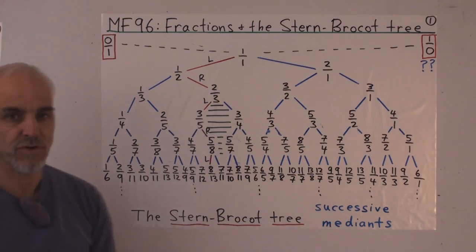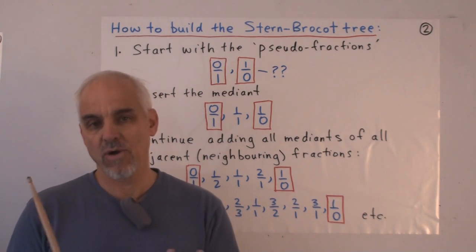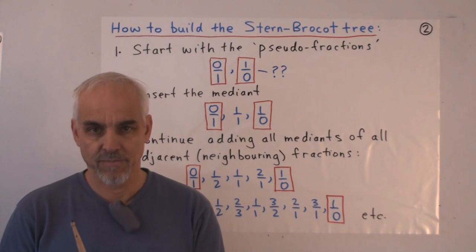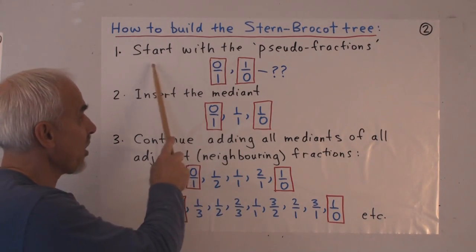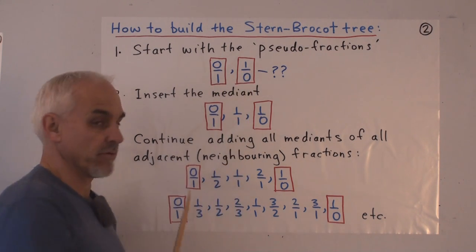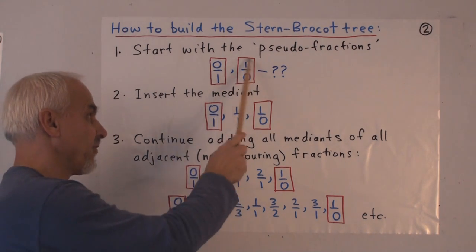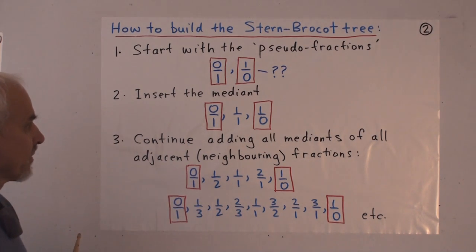Let me now more clearly explain how we build up this Stern-Brocot tree, one layer at a time. We start with the pseudo-fractions 0 over 1 and 1 over 0. Admittedly, this is not a proper fraction, but we're going to treat it as if it was.